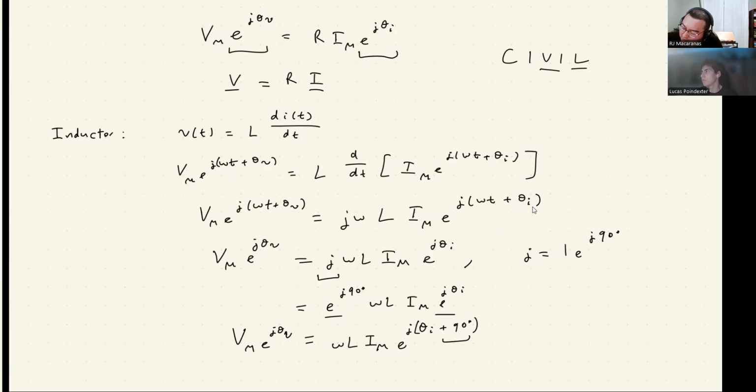And when we get to the capacitor, it's actually the current that's leading by 90 degrees. So the voltage leads current by 90 degrees for inductors.